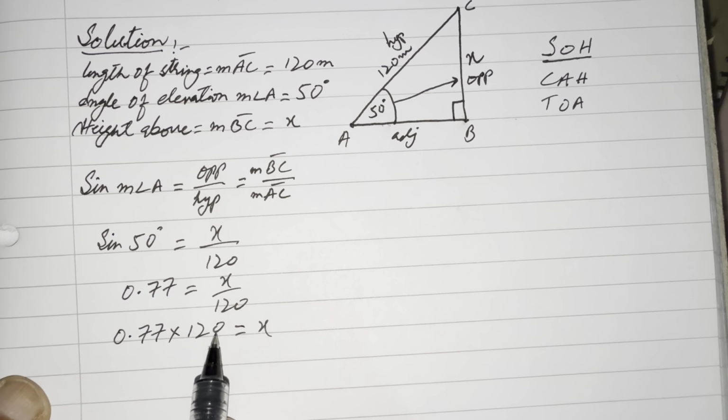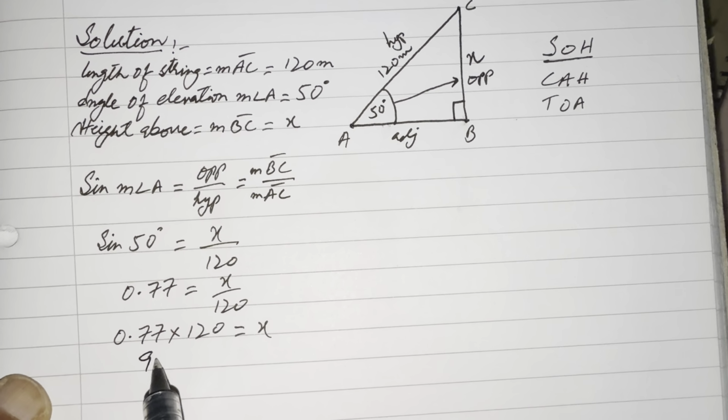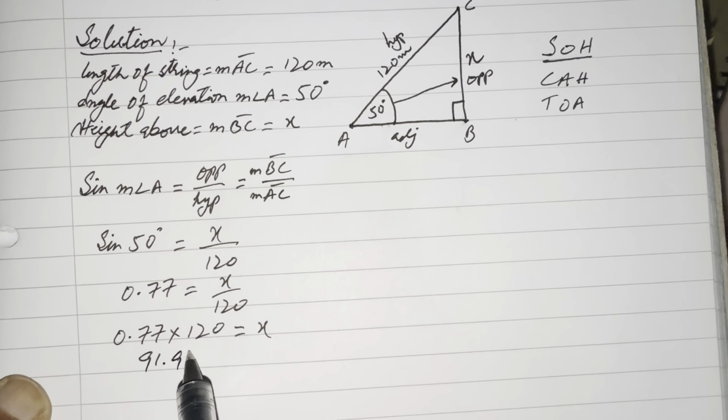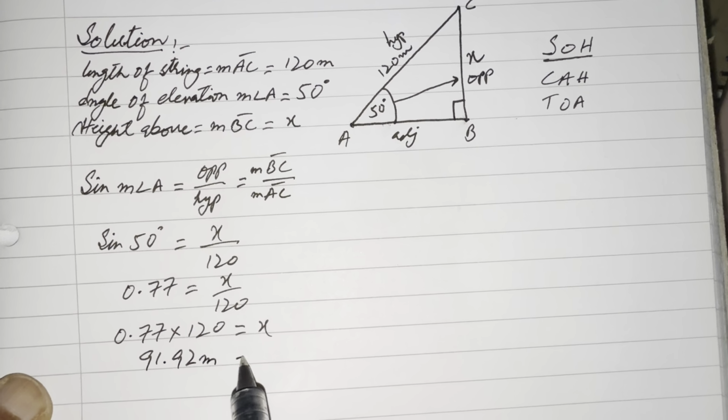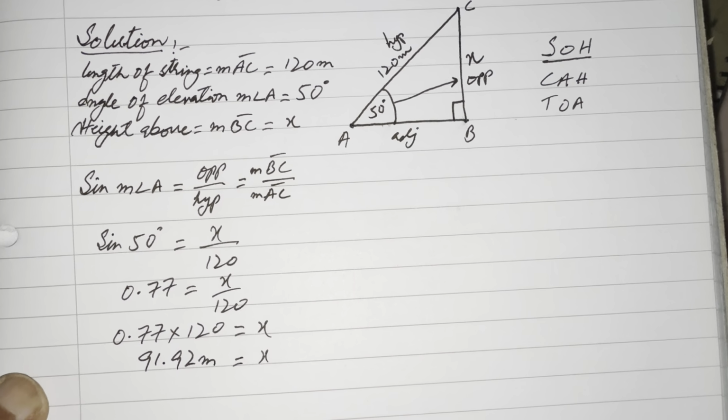When you multiply 120 with 0.77, that will be equal to 91.92 meters, which is equal to x.